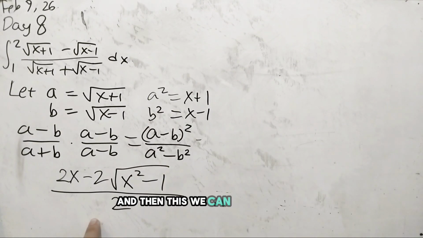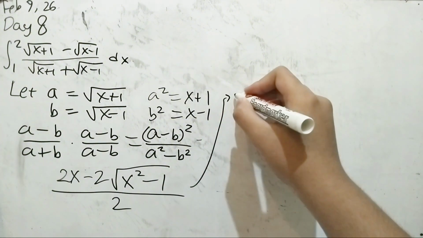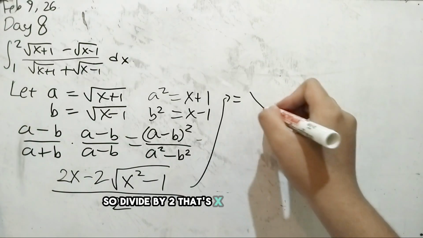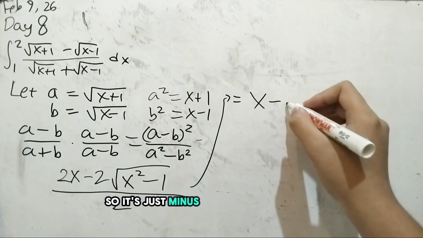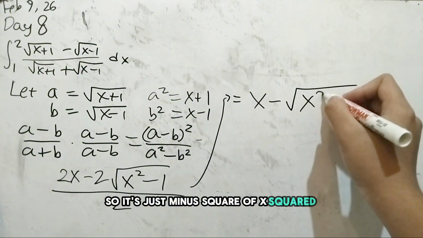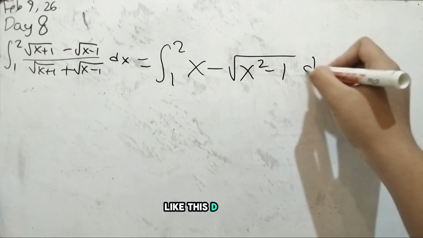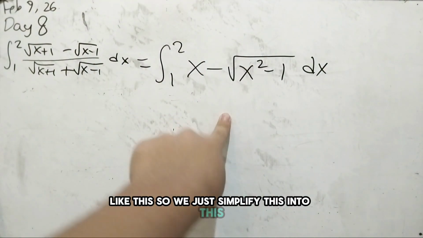And then this we can simplify even further. So divide by 2, that's x. Divide by 2, that's just itself. So it's just x minus the square root of x squared minus 1, dx, right. So we just simplified this into this.